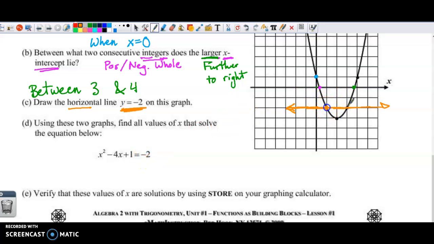And so the graph is actually telling us that the solutions would be +1 and +3, because those are the x values for those intersections, and I will talk about this in class.